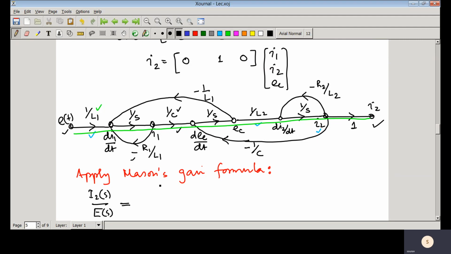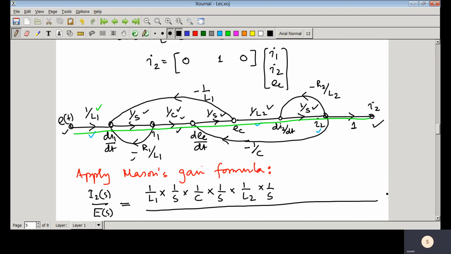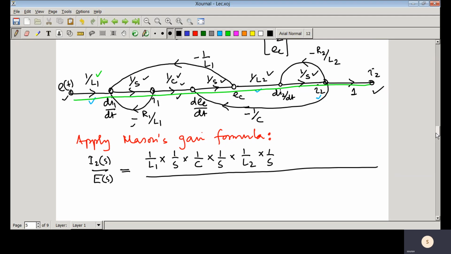The forward path, only one forward path is there, that is 1 by L1, then 1 by S, then 1 by C, then 1 by S, then 1 by L2, then 1 by S, and that one is equal to 1 over L1 C L2 S cubed. So this is the forward path gain. Now we need to find how many loops are there. This is one loop, this is another loop, 2, this is another loop, 3, and this is another loop, 4.